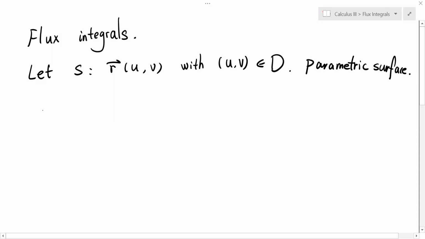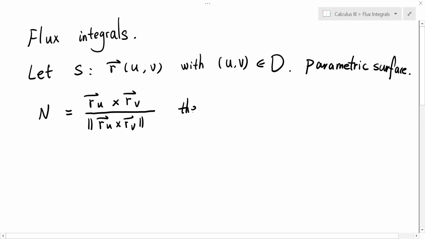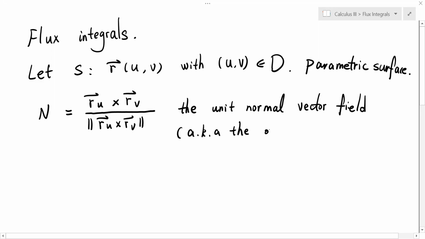When that is the case, the following structure, capital N, defined as the cross product of R sub u, namely the partial derivative of the parametric surface R with respect to u, with R sub v divided by its own magnitude, is called the unit normal vector field, aka the orientation of the parametric surface S.